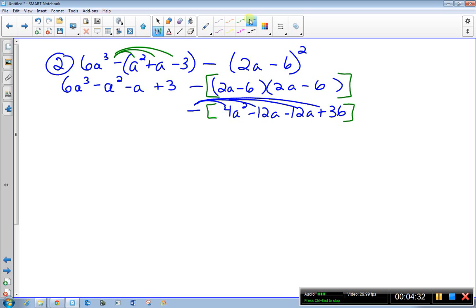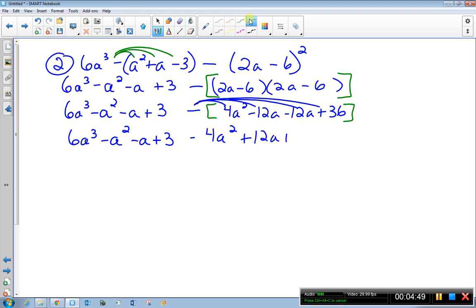And I guess I could have combined like terms too. So I would have 6a cubed minus a squared minus a plus 3 minus 4a squared plus 12a minus 36. And then I can combine my like terms.